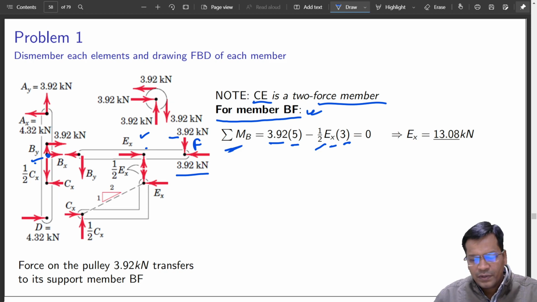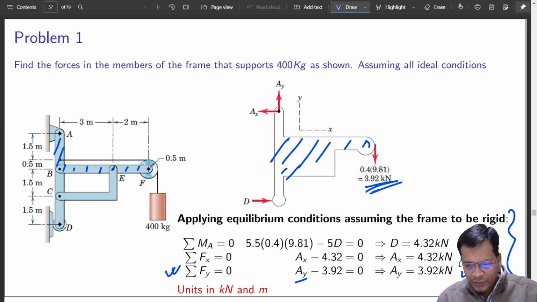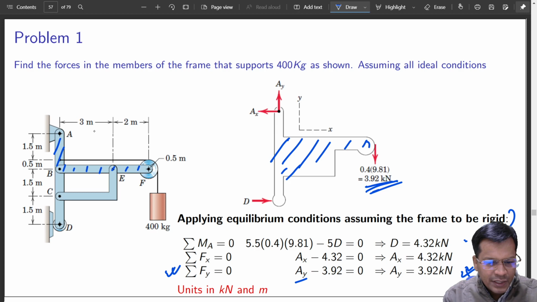So F, yes. Just a sec. So that effectively comes from some place. Let me analyze that. Ex has two components. One is along this, one is along this. Resultant is something like this. So let me go back to this.